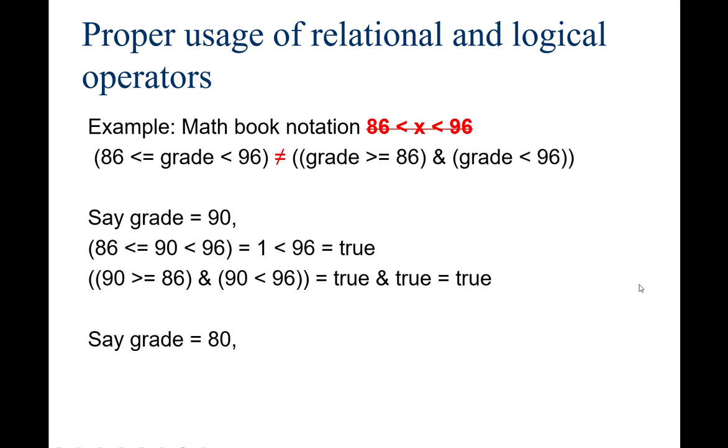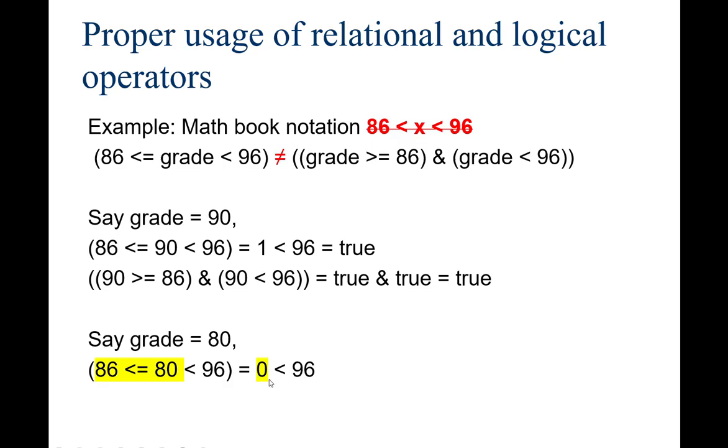Let's say your grade is 80, and you follow the same logic of 86 less than or equal to 80, less than 96. The first thing MATLAB's going to do is look at the expression that's highlighted. Is 86 less than or equal to 80? No, 86 is not less than 80, so it's going to put a 0 there. Then it wants to compare the 0 to the 96.